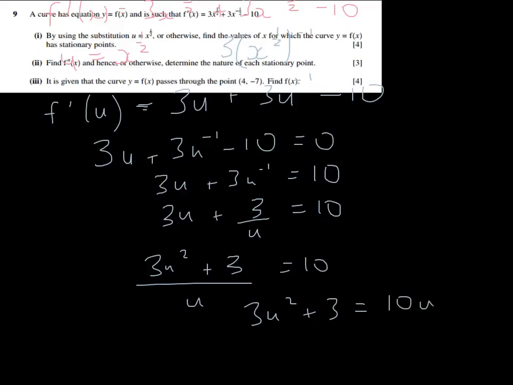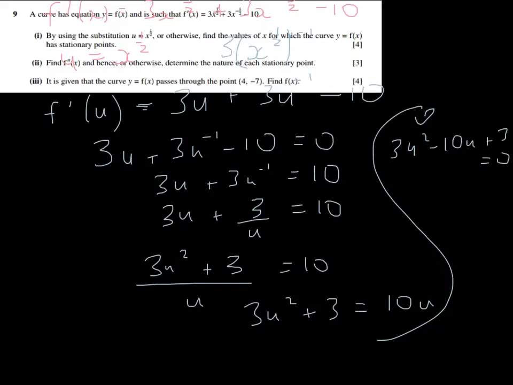So I get that. Then I would take 10u away from both sides, make that equal to 0, and then factorise it. So I'd get 3u and u. And we have the same thing here, which is that this middle term is negative, so I need to have -3 and -1.